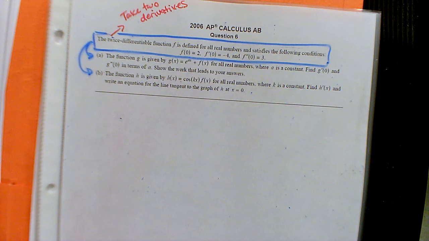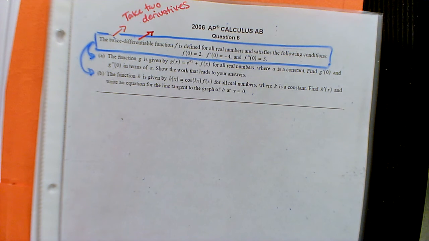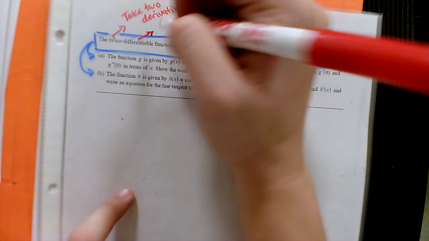So there's 2 derivatives. What does the word differentiable mean? Remember, it was that crazy long word, differentiability. I kept telling you guys good luck saying that. Yeah? You can actually do the derivative.